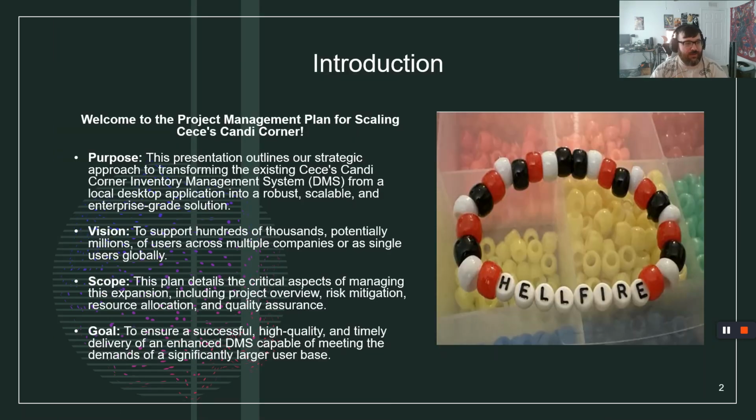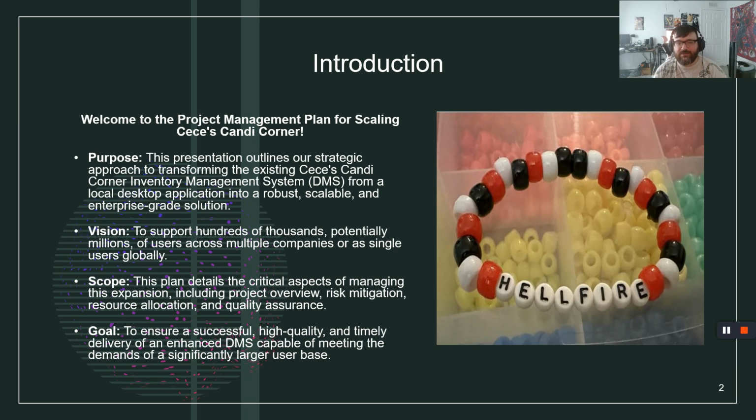Now, the purpose of this presentation is to outline the strategic approach to transforming CC's Candy Corner from a local desktop application into a more robust, scalable, enterprise grade solution.